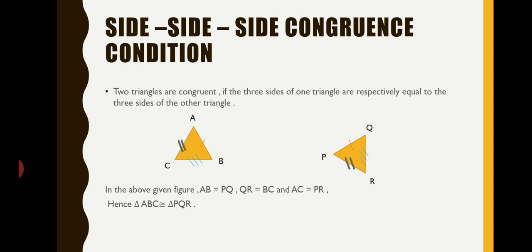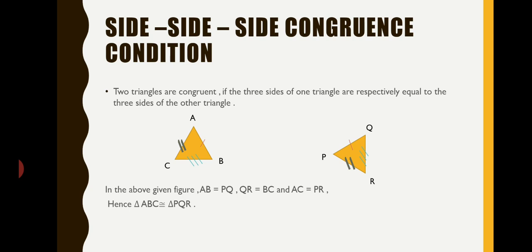Here, if you see the figure, I just drew one line on AB and one line on PQ. Why did I draw this one line? This represents that AB is equal to PQ, and now it's clear that AC is equal to PR, and BC is equal to QR.